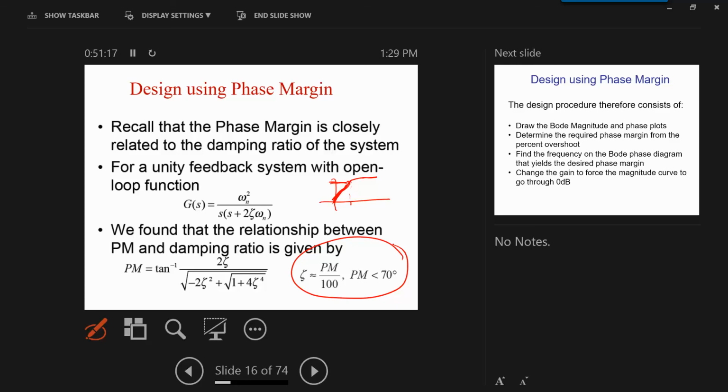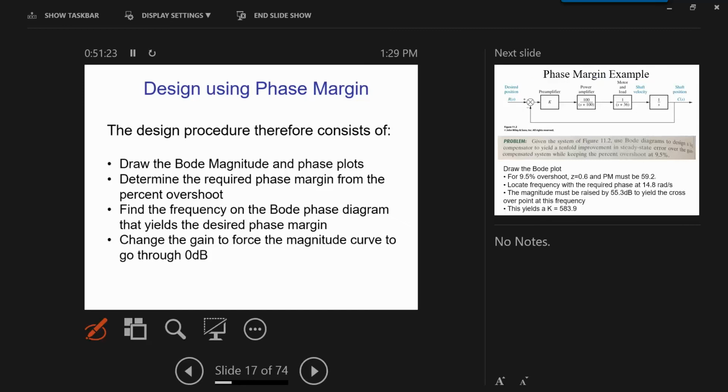So, sir, zeta should not exceed 0.7, right? Well, to use this relation, zeta can be any value, but to use this approximation, yes. And for any system, we don't want to have too much energy dissipation. Because energy dissipation, what does it mean? Wasted energy. You don't want the system to waste a lot of energy.